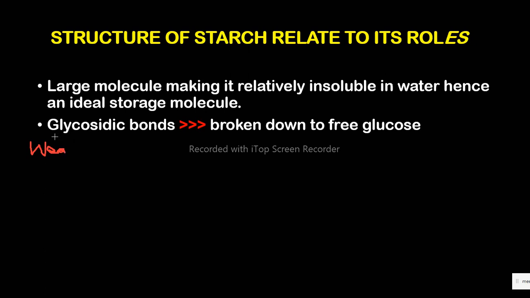They are not too strong to be broken, and not too weak to be overcome with ease, which ensures starch is an ideal carbohydrate for storage.